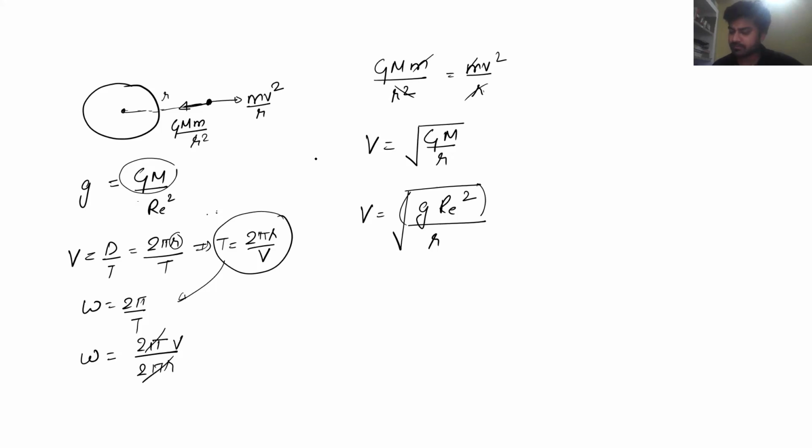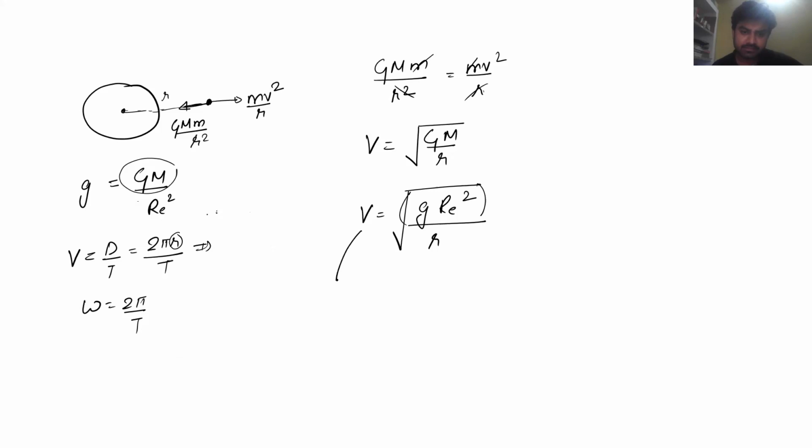Just hold on. You can directly put the value of v from here. So v is 2 pi r by T, which is equal to under root of g R E square by small r.